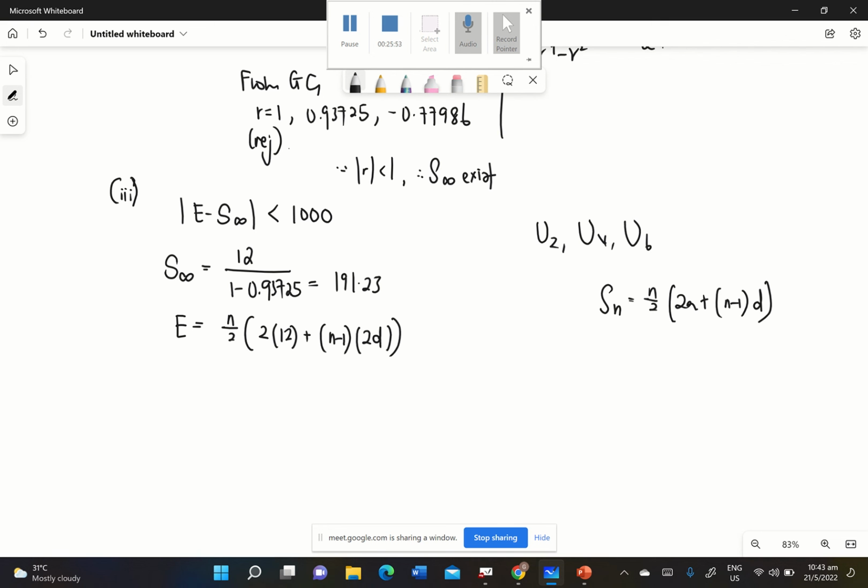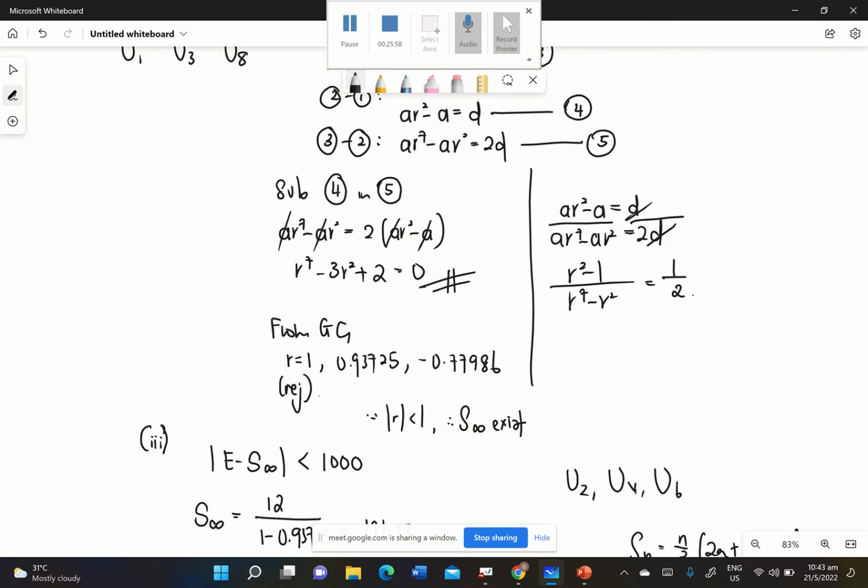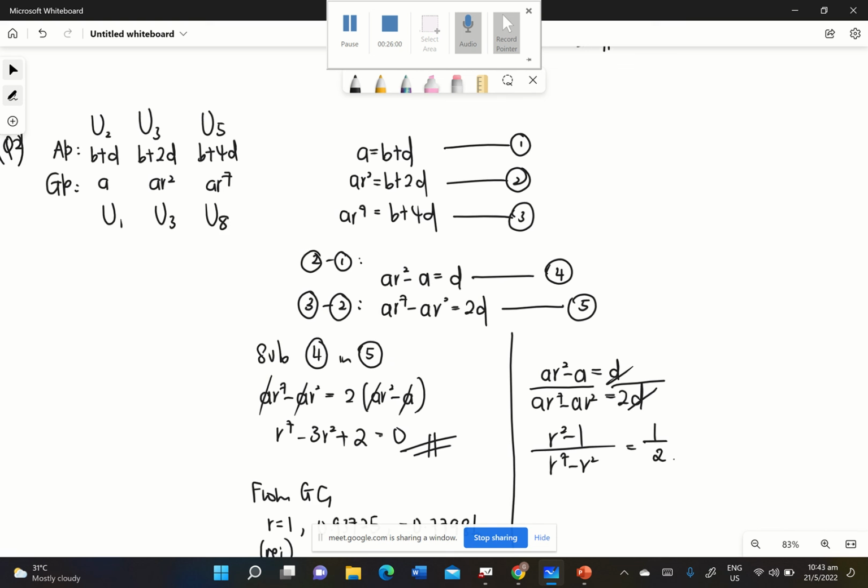I think you made some calculation error. How do you get that? Do you use our equations here, like you equate r to the power of 5 to 2D? Where did you get that from? Oh, wait, never mind. I didn't do it from here, it's easier.